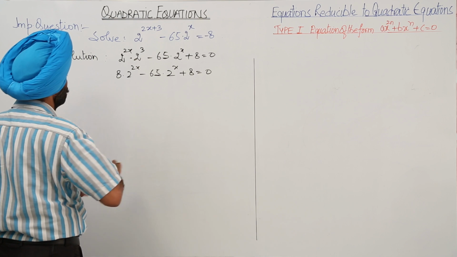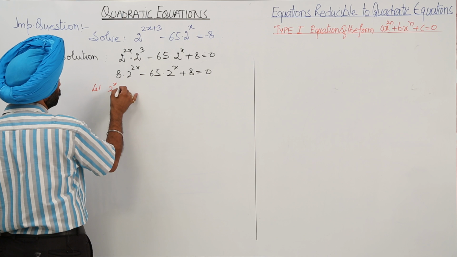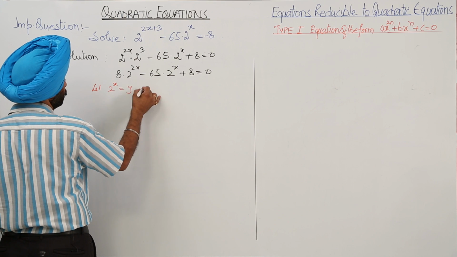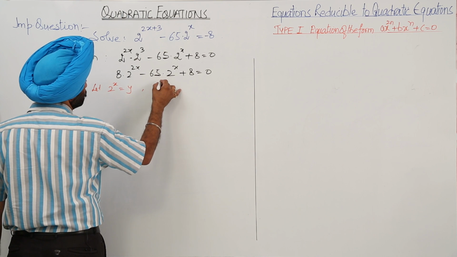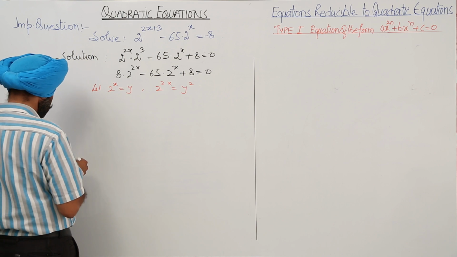Now, let 2 raised to power x is equal to y, and 2 raised to power 2x becomes y square.